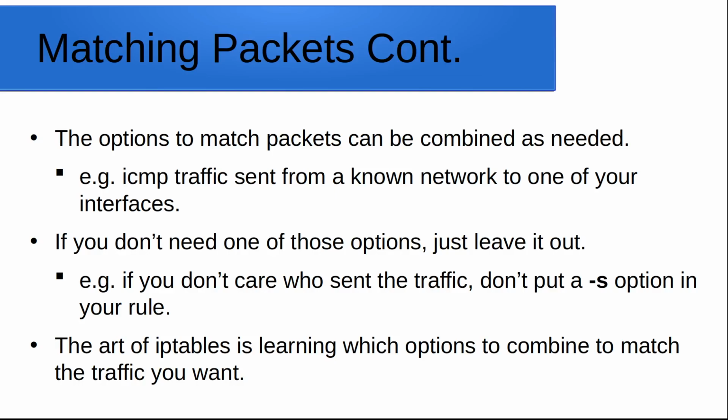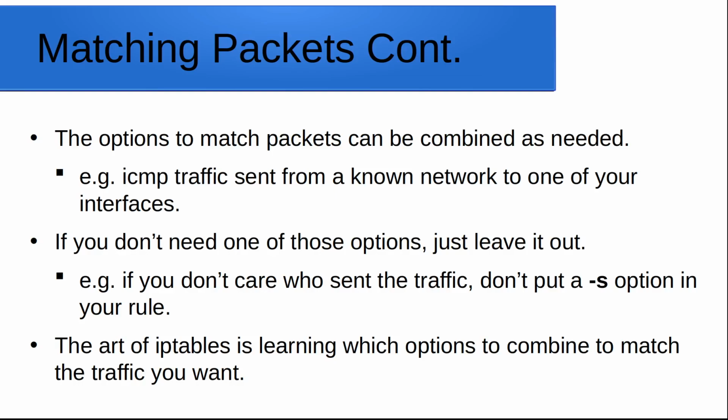So you can combine these as needed to match traffic, right? So specifically, ICMP traffic sent from a known network. That could be a useful thing, right? It's the tricky part with iptables, figuring out which options to combine to match the traffic you want, and then test it, right?